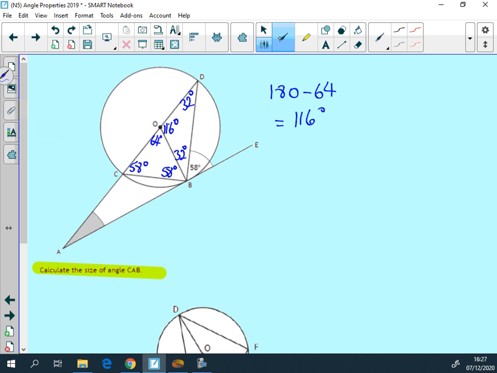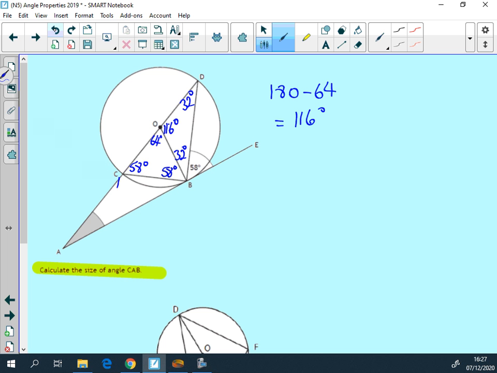Now, again, I know, looking at this 58 degrees down there, they must add together to get 180 degrees. So 180 take away 58 is going to give me 122 degrees. Now, again, I know radius tangent, so that must be 90 degrees. So 58 and that angle there must add to make 90.